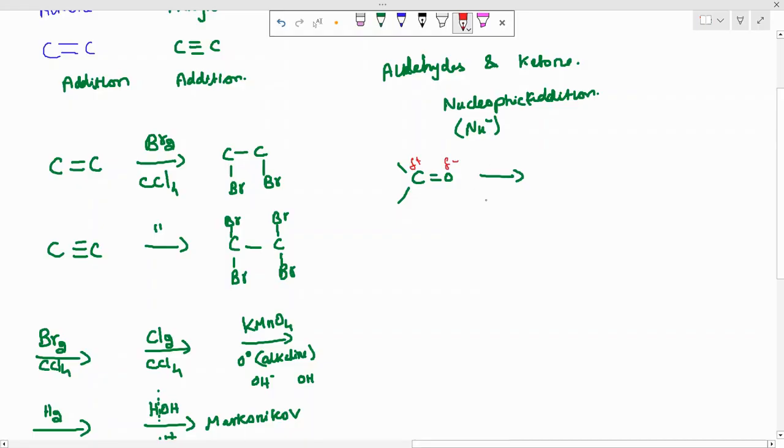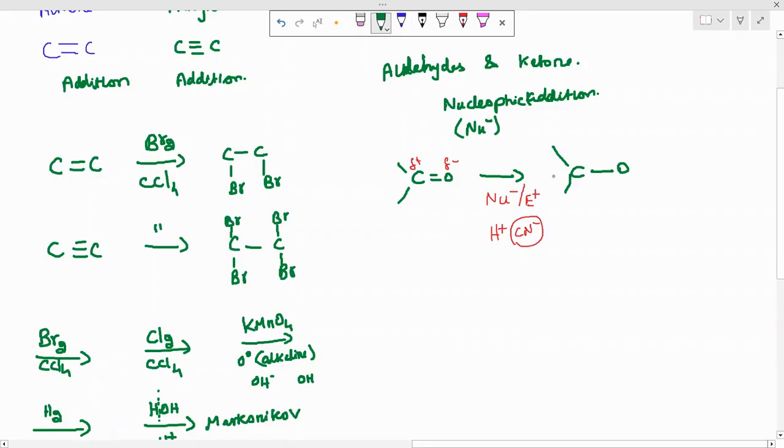So whenever you are giving a nucleophile, definitely some electrophile will also be there in the solution, because the minus charge could not be alone in that solution, right? So in that reagent, for example, if you are adding H plus and CN minus, CN minus is a nucleophile, H plus is an electrophile, then how will the reaction happen? Look at this. The C=O double bond will be converted into a single bond.